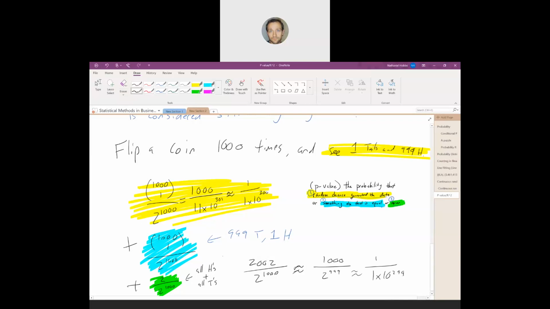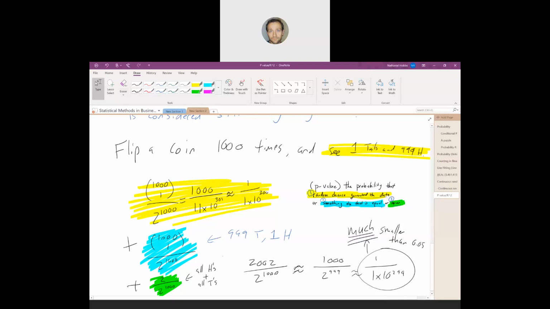This is much smaller than 0.05. It's a horrendously small number. Your arm would get tired just writing the number of zeros in the denominator.